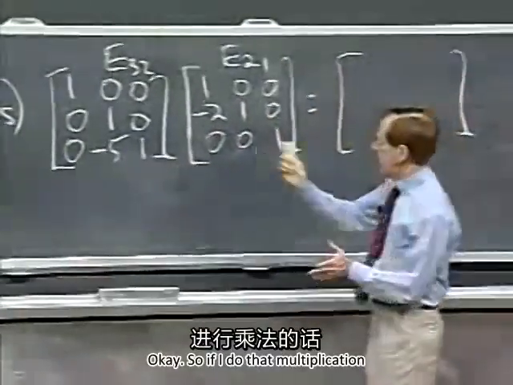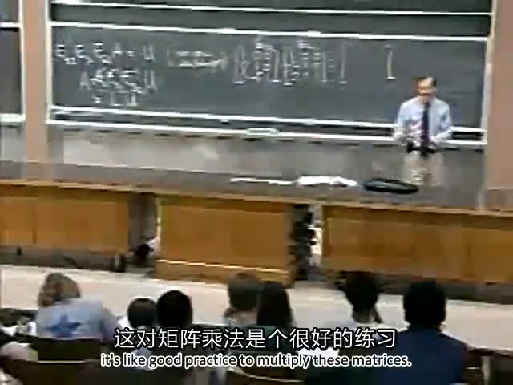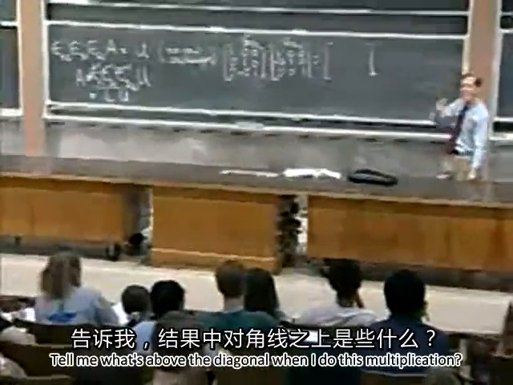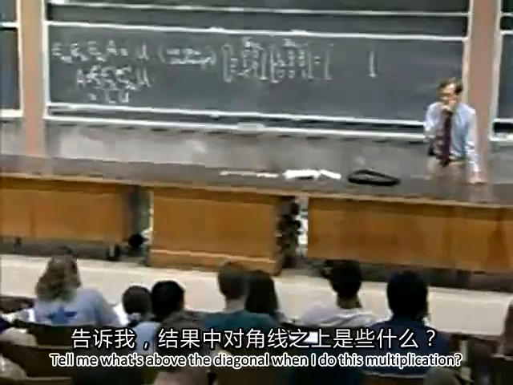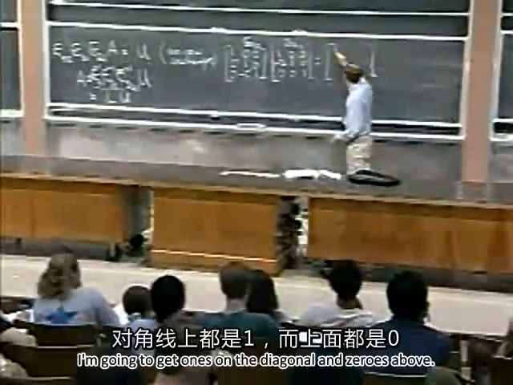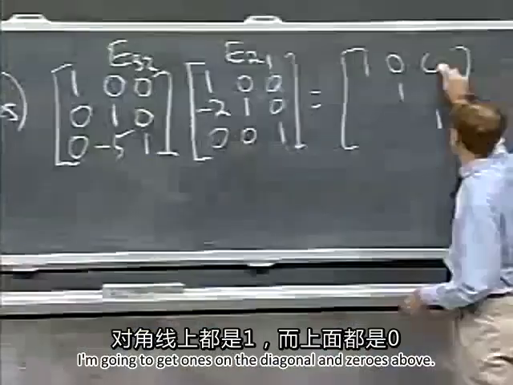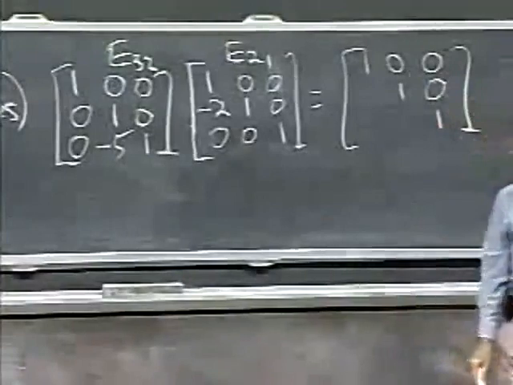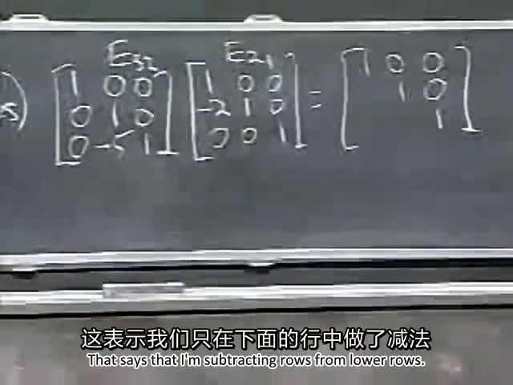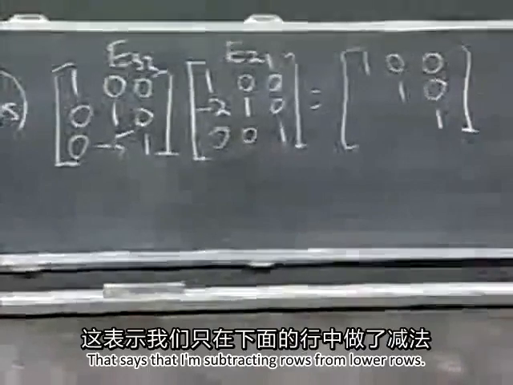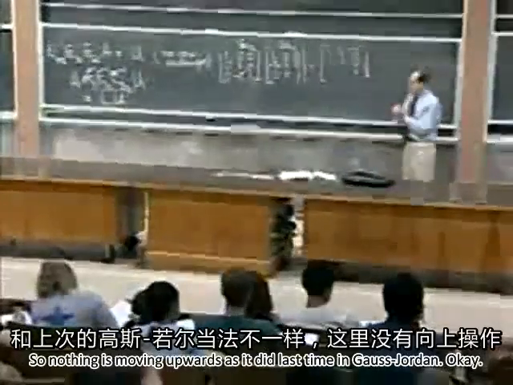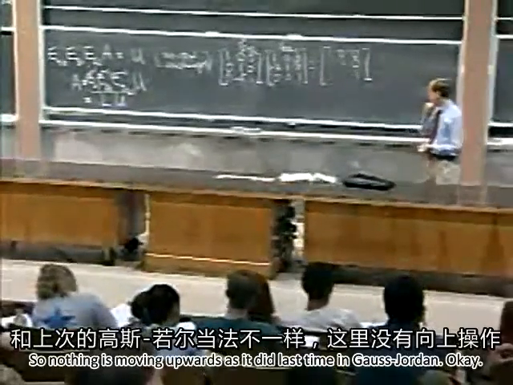Okay, so if I do that multiplication, it's good practice to multiply these matrices. Tell me what's above the diagonal when I do this multiplication. All zeros. When I do this multiplication, I'm going to get 1 on the diagonal and zeros above. Because, what does that say? That says that I'm subtracting rows from lower rows. So nothing is moving upwards as it did last time in Gauss-Jordan.